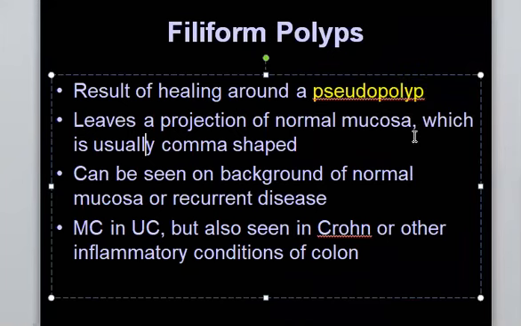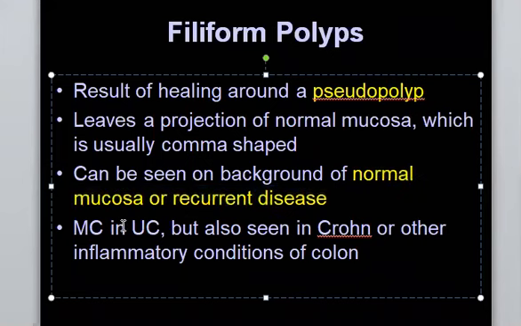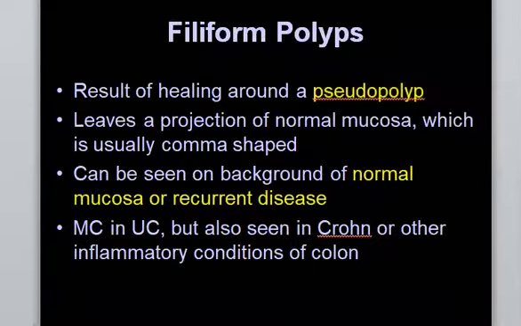And he mentioned that it can be seen with normal mucosa or recurrent disease, as we mentioned in this case, which is ulcerative colitis. Yes, also can be seen in Crohn's or any inflammatory condition of the colon. So I agree with you, without history, and you see this appearance, you put in the differential diagnosis filiform polyps or pseudopolyps, this is the nice answer.